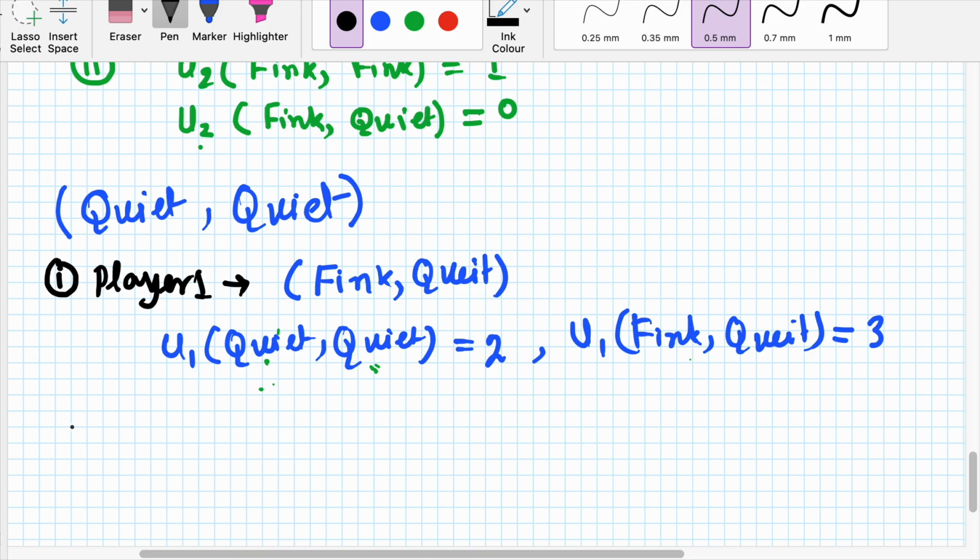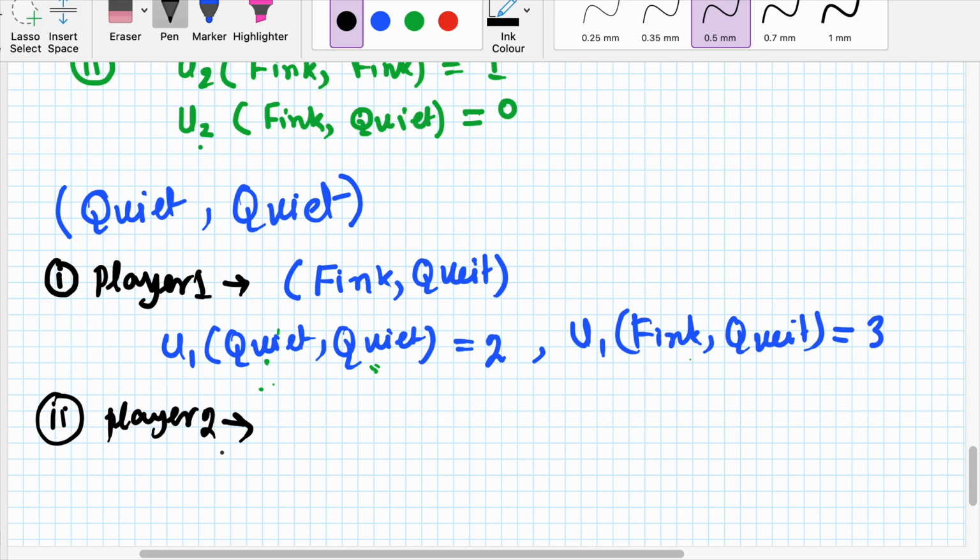And for player 2 you will see the same thing. Here I want to mention that if any individual has an incentive to shift from the strategy, and we can show that, then that action will no longer be a Nash equilibrium.